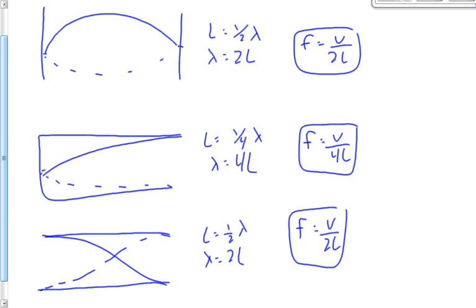Each of these is what we call a first harmonic. The first harmonic for something like a guitar string where you have two ends that are fixed, two ends that are attached. This one is the first harmonic for something like that water bottle that we're blowing across the end of.